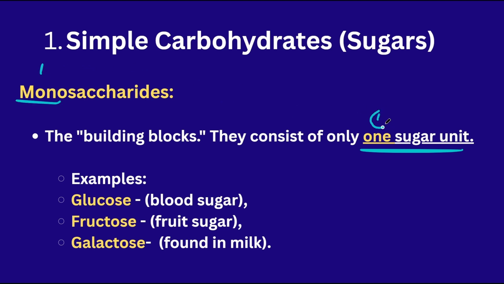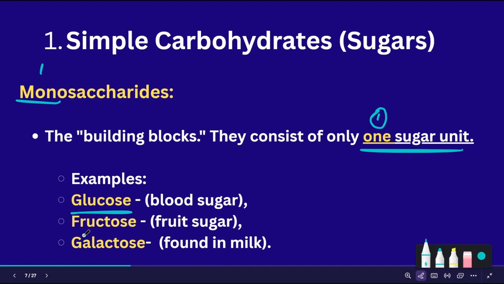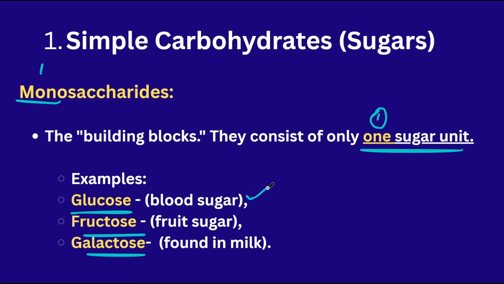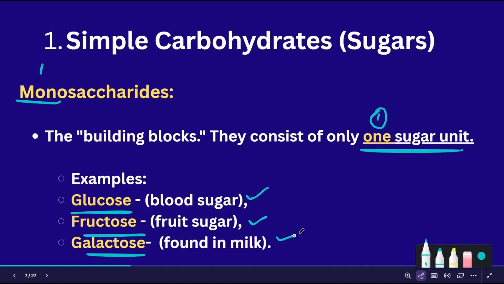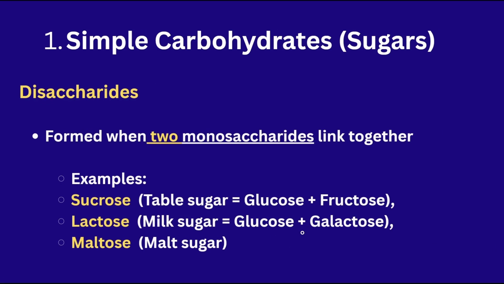The examples are glucose, fructose and galactose. Glucose is found in the human body in the form of blood sugar. Fructose is present in fruits. Galactose is present in milk. The examples are very important for your exam because these are asked in MCQs.